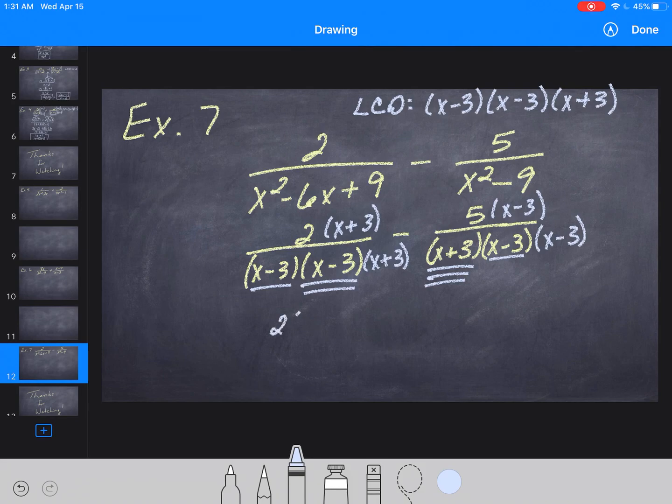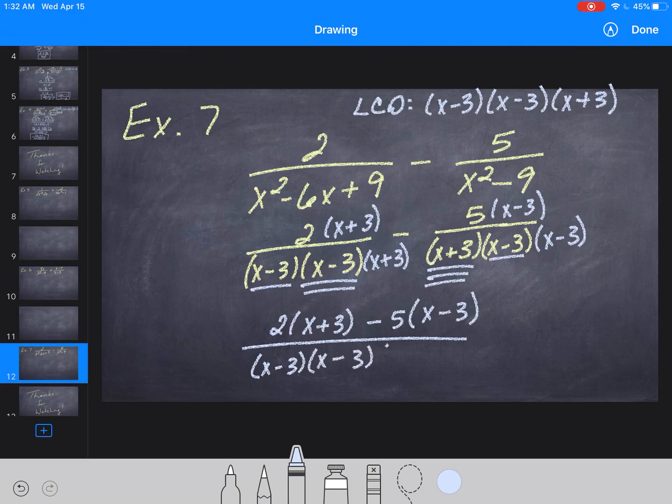Now I'm going to combine my fractions into 1. I end up with 2 parentheses x plus 3 minus 5 parentheses x minus 3 all over my least common denominator of x minus 3, x minus 3, x plus 3. Now I'm going to simplify my numerator using distributive property and combining like terms.